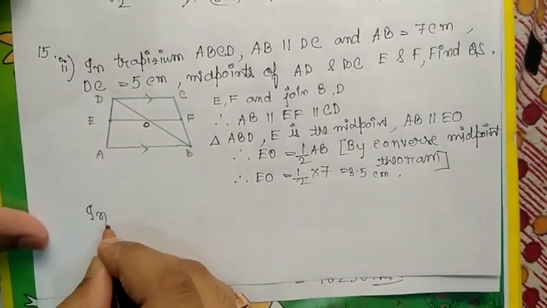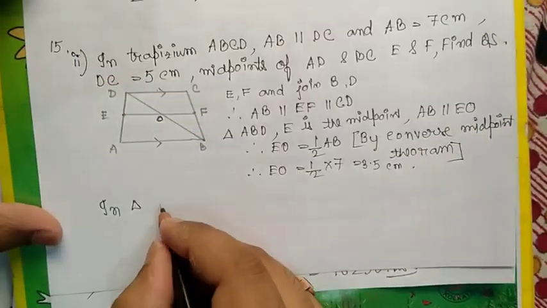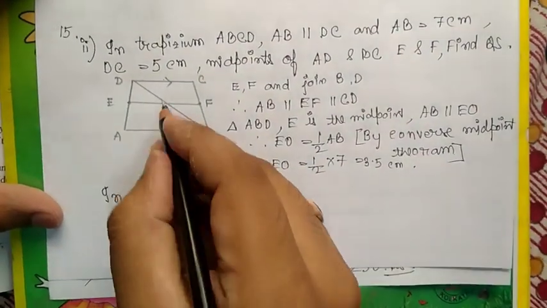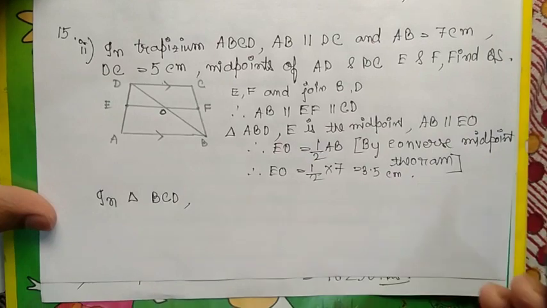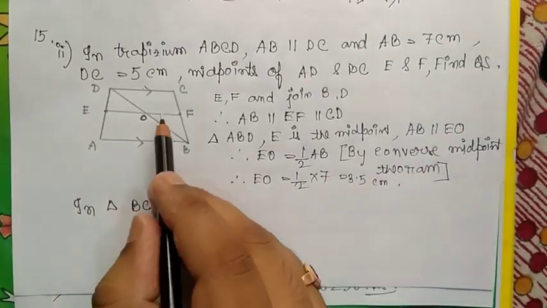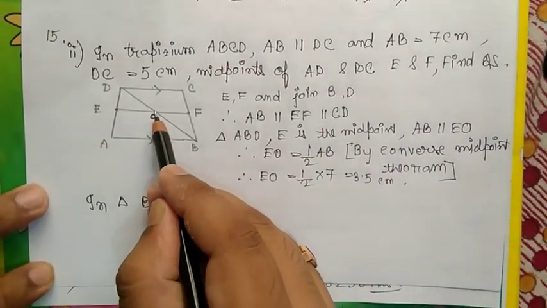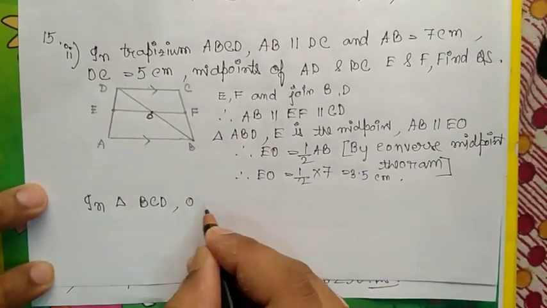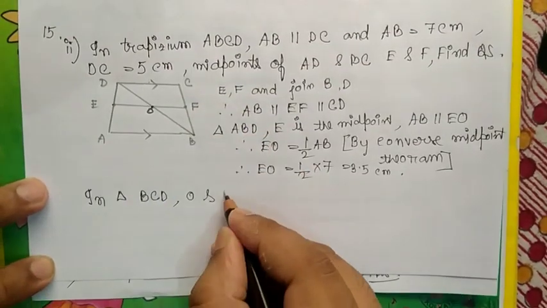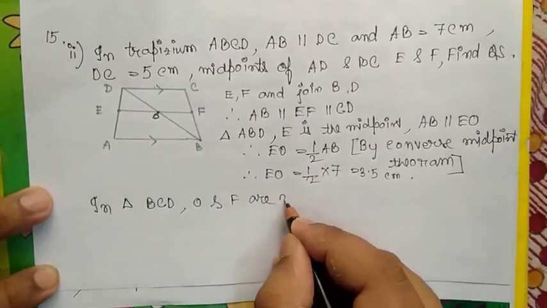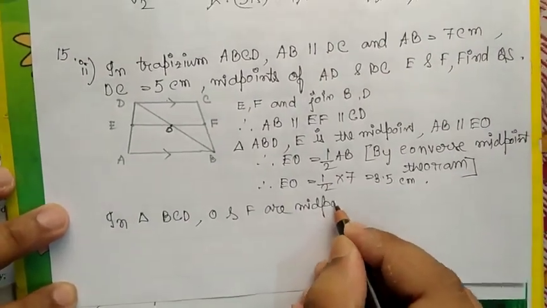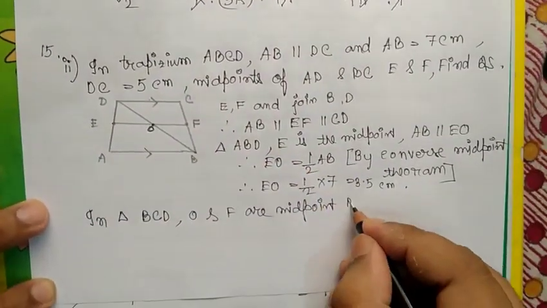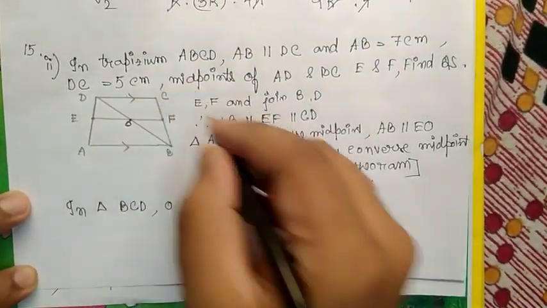Now in triangle BCD, by the converse midpoint theorem, O is the midpoint of BD, so O and F are the midpoints of BD and BC.